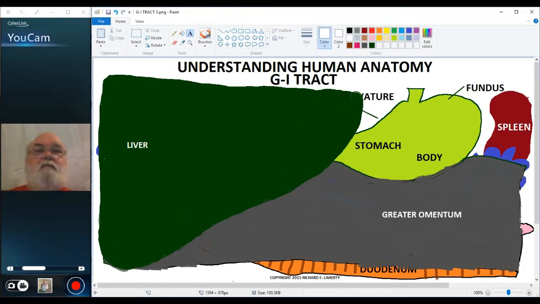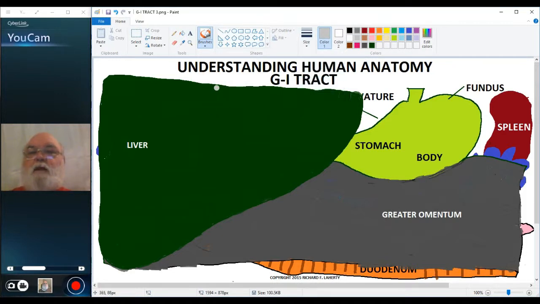And what I want you to realize is that there is the remnant of the ventral mesentery, the falciform ligament.